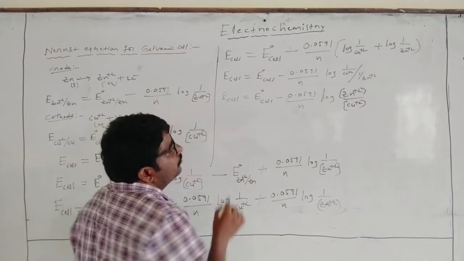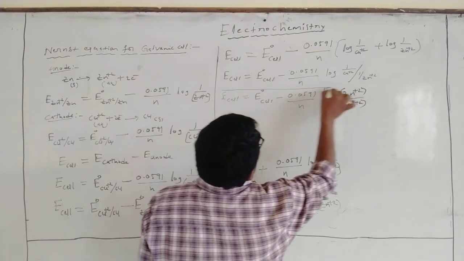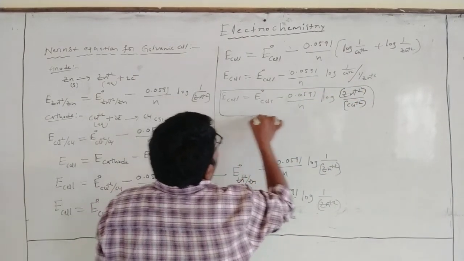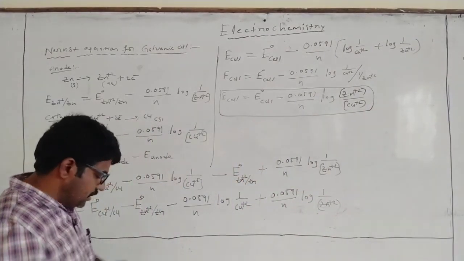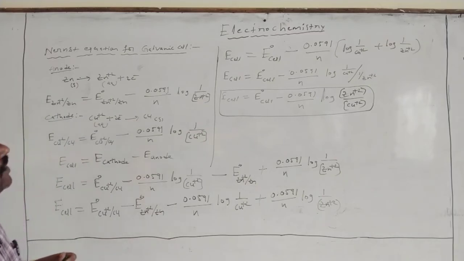So this is the Nernst equation for galvanic cell.